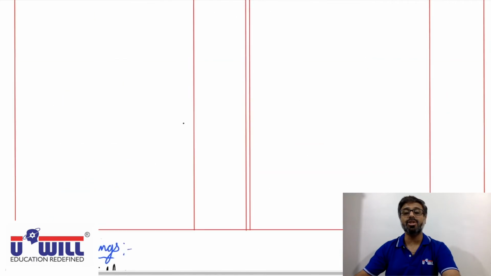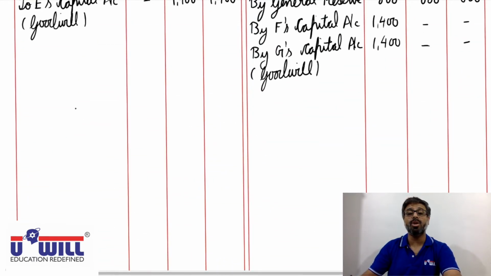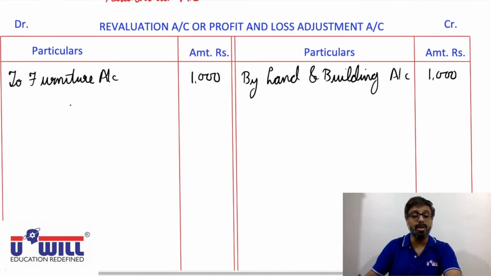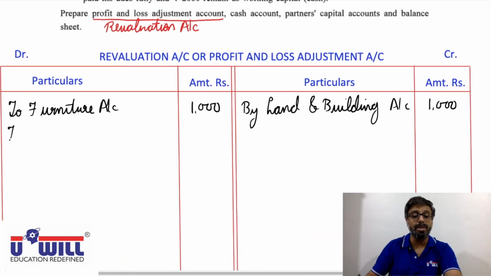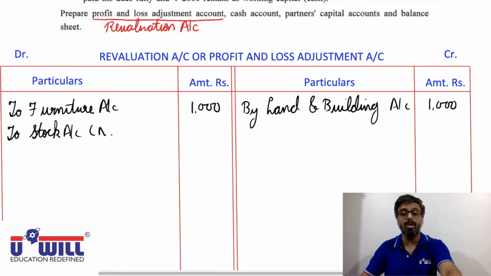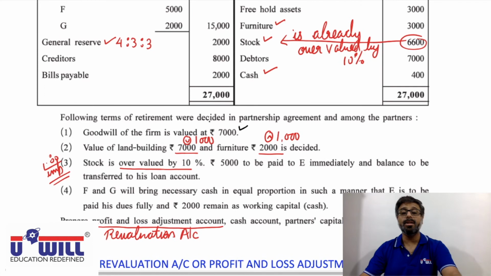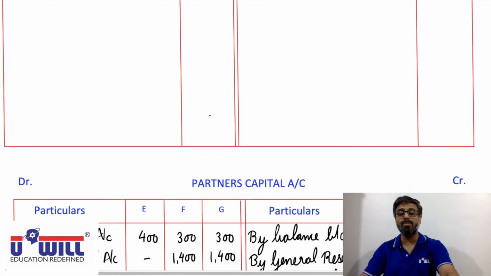So revaluation account debit and opposite to stock account. In the revaluation account on the debit side, to stock account with the loss of 600 in bracket, all of you write working note 2 and the amount 600. And stock is a debit balance, but we credit it, so we deduct from stock.